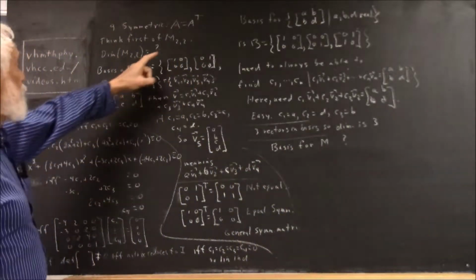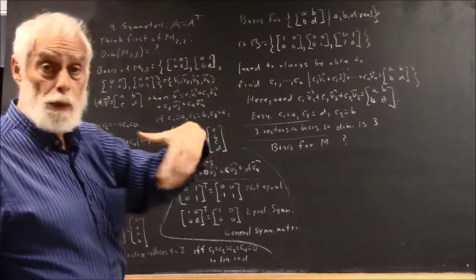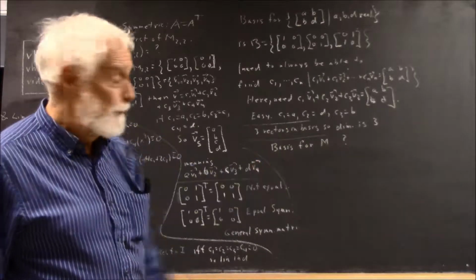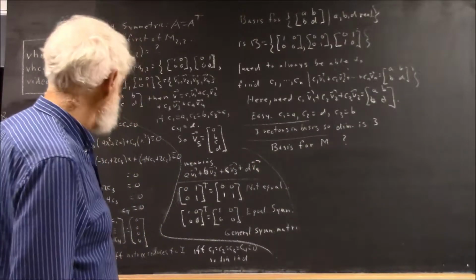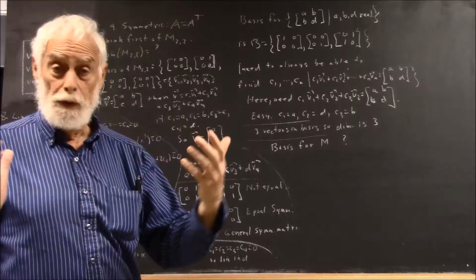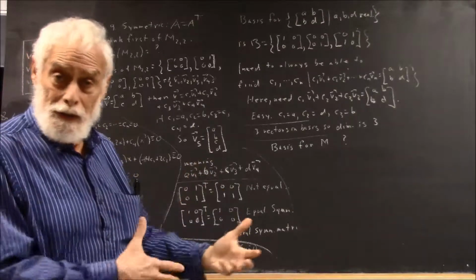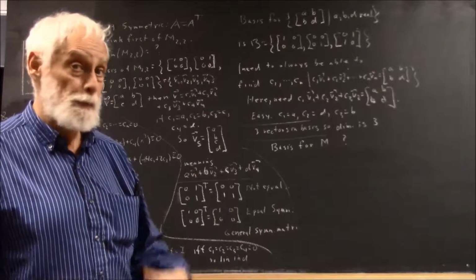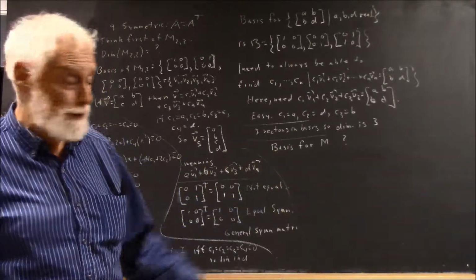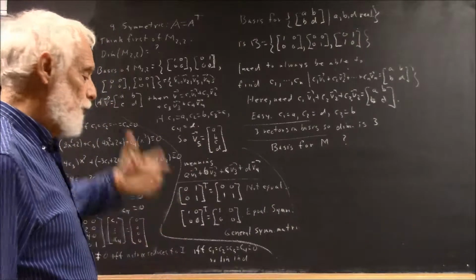Okay, well, so we think first of M22. What's the dimension of M22? Well, we want to write down a basis for M22. Now, some people were able to tell me a basis pretty quickly because, of course, one of the things we were assigned to do was write down a standard basis for such spaces, for polynomial spaces, for matrix spaces, for spaces of functions, in addition to spaces for Rn.